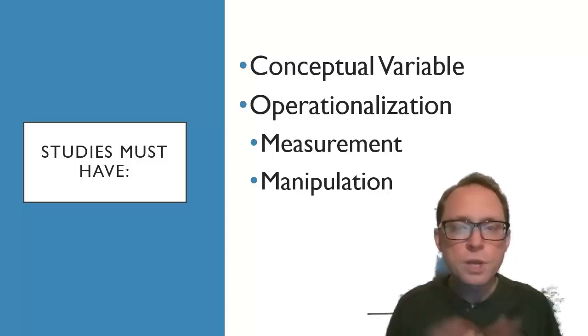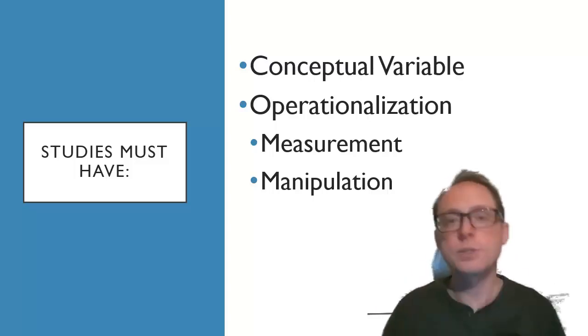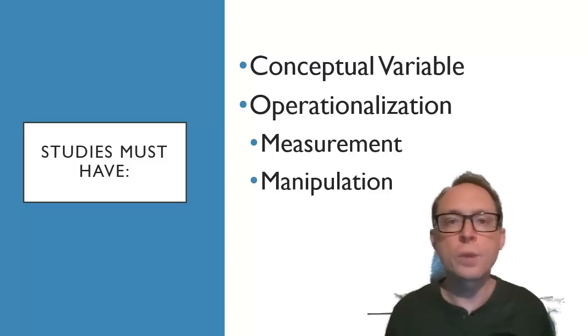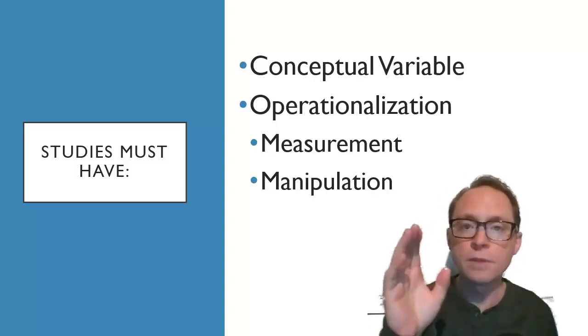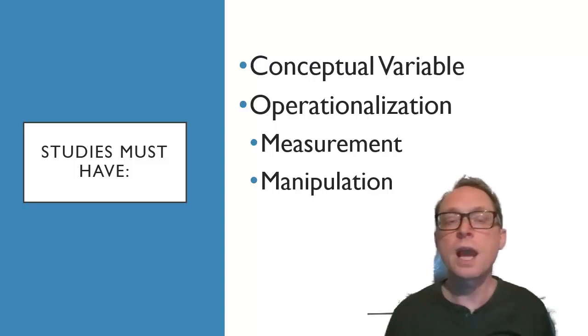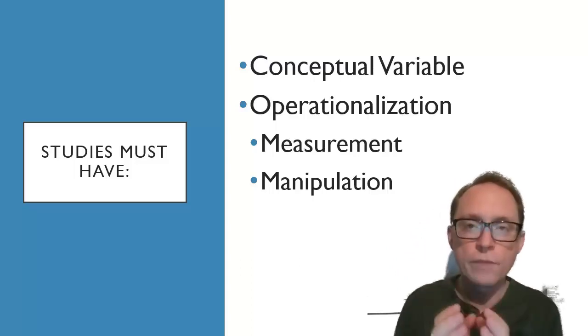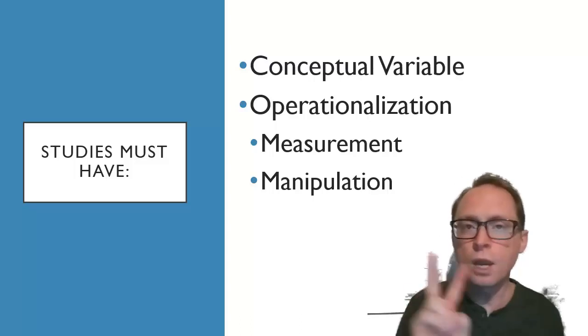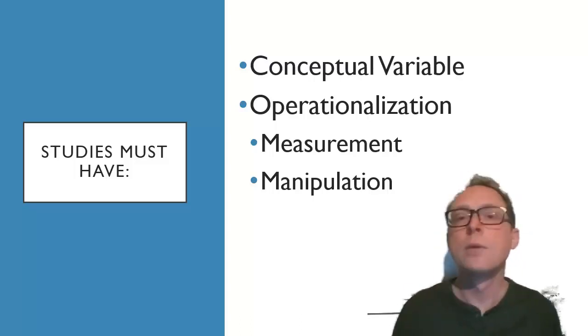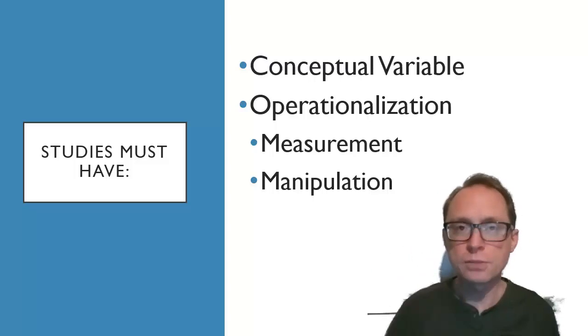The problem with any of those constructs or conceptual variables that we have in psychology is that we can't rip them out and stick them on the scale, right? So if I want to know about the concept of love, operationalization is how I get at it in real life, the concrete, the operational way of getting at it. There are two kinds of operationalizations: measurement and manipulation.